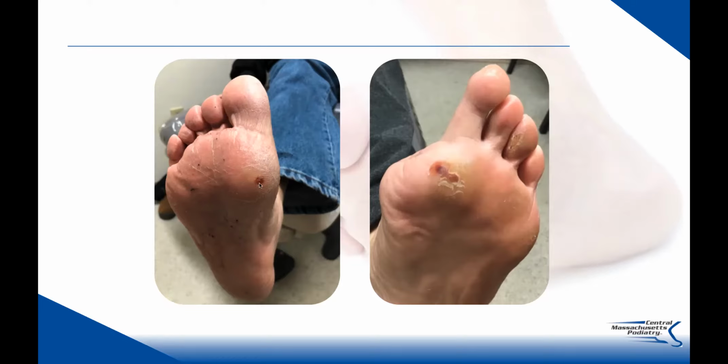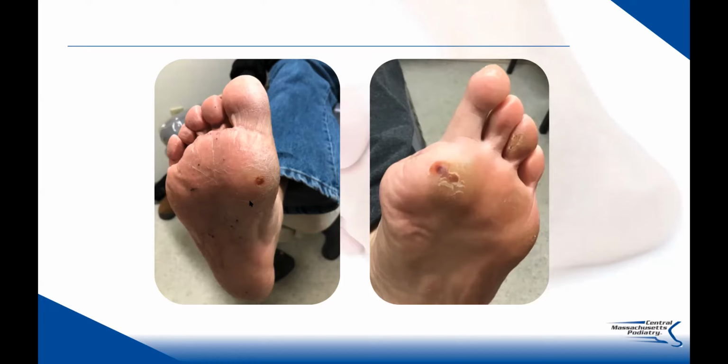What this is, it's a sore, but what I think it is, we call it a pre-ulcerative lesion. Basically, this started out, as you can see, as a callus on the ball of the foot, and if that callus gets too big, it has a little bit of bleeding underneath it. And then if you took off the callus, that bleeding might fall off. But what this indicates is a high pressure area.